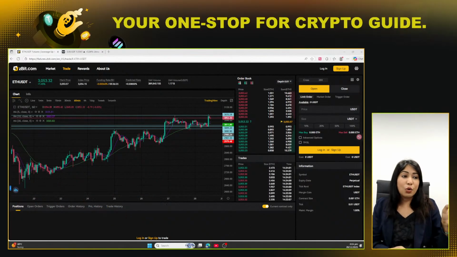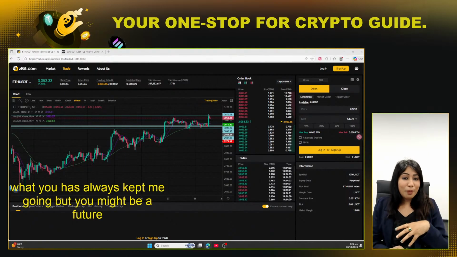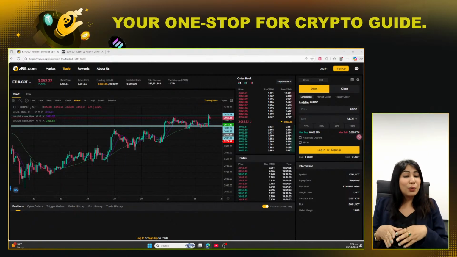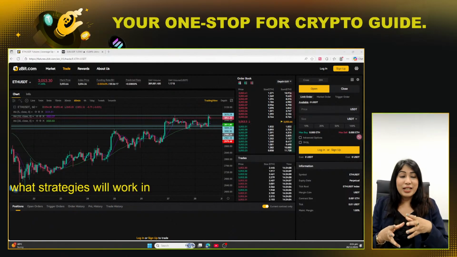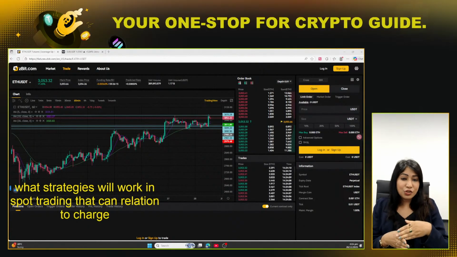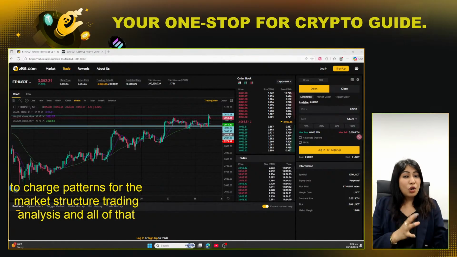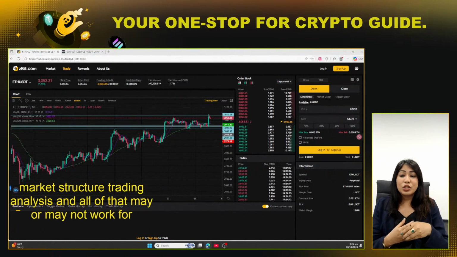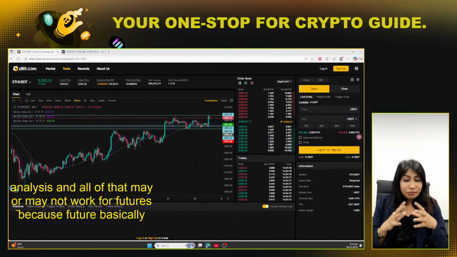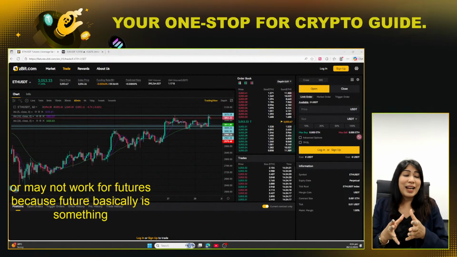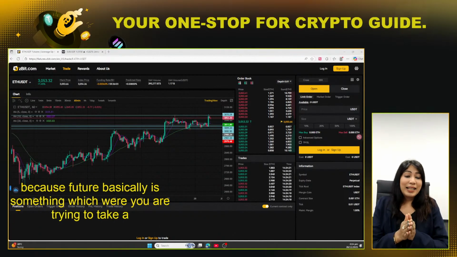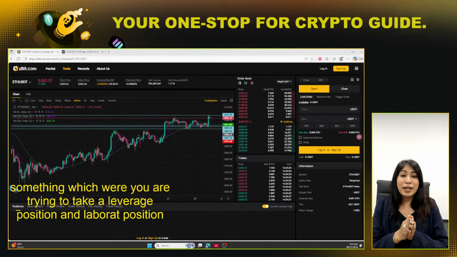That's completely okay. Now, the strategies that work in spot trading, in relation to chart patterns, market structure and trading analysis, may or may not work for futures, because in futures you're trying to take a leveraged position, and a leveraged position is not going to stay forever.